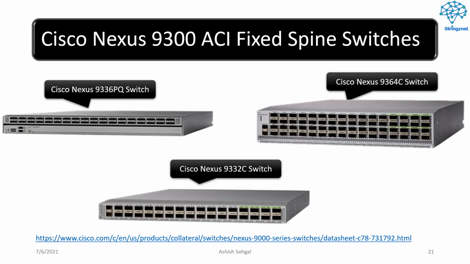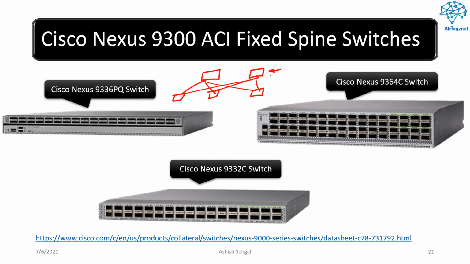In Nexus 9300, as we were talking about the ACI family, there are a few Nexus 9300 series switches designed to be placed at the upper layer. I'm just trying to draw the connectivity architecture as used in ACI.